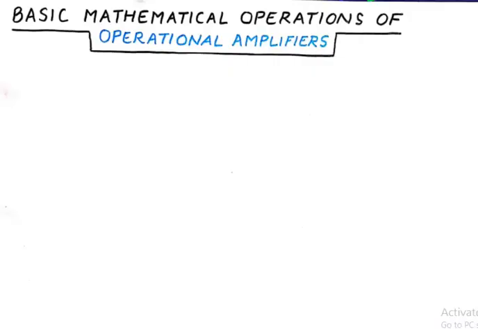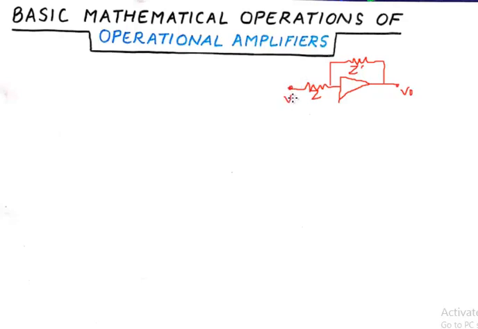Let's begin this tutorial by drawing the basic symbolic diagram of an operational amplifier that we studied in the previous tutorial. So it consists of an input impedance Z and output impedance Z dash.